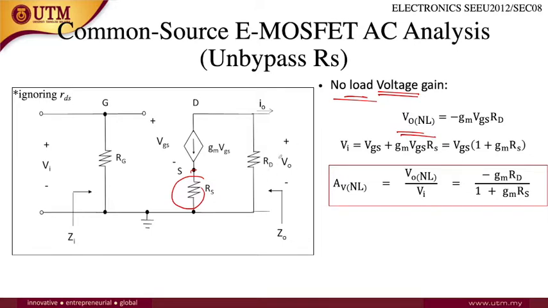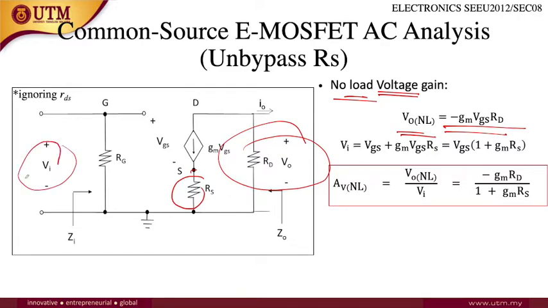So this is the value of VO, and then over VI. The value of VI here is VGS plus gm VGS times RS.